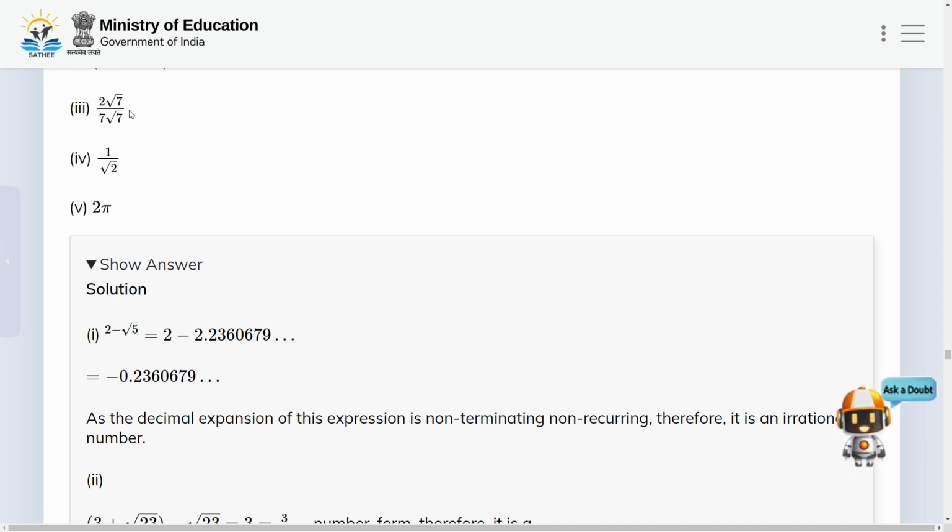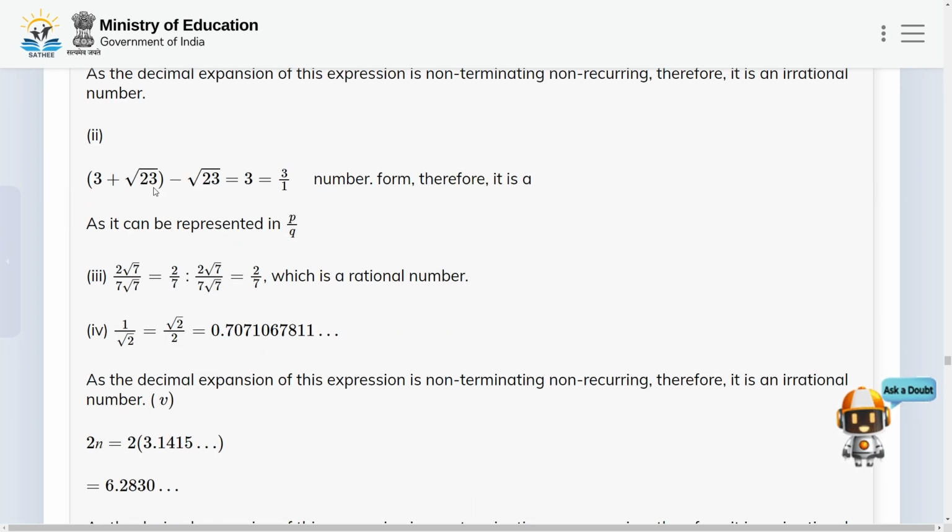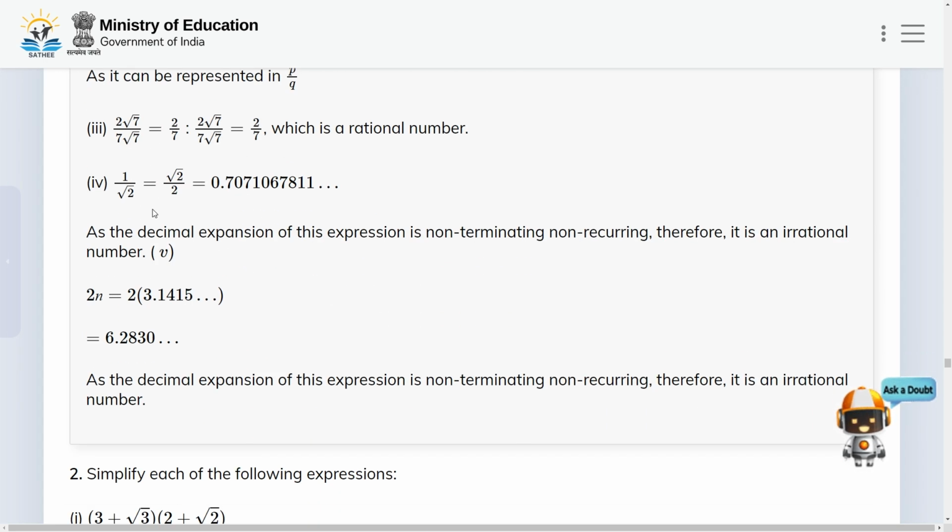Now let us check the fourth one. In the fourth one, we have 1 by root 2. Let us check which type of number this is. 1 by root 2 can be written as root 2 by 2, and the decimal expansion of this number is 0.7071067811... This is the decimal expansion of this number.